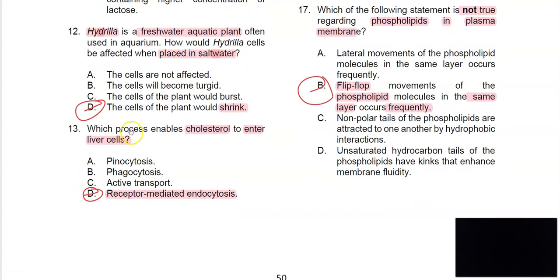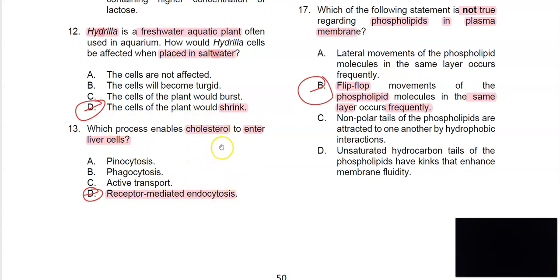Number 13. Which process enables cholesterol to enter liver cells? Cholesterol enters the cell through receptor-mediated endocytosis. Enter means from outside into the cell, so endocytosis. Cholesterol will bind to receptors found on the plasma membrane of the liver cell.